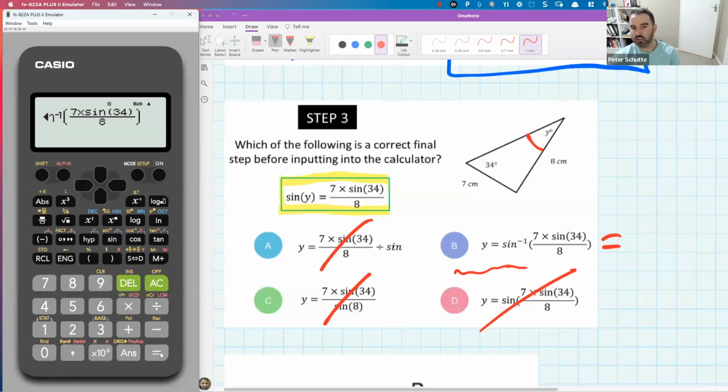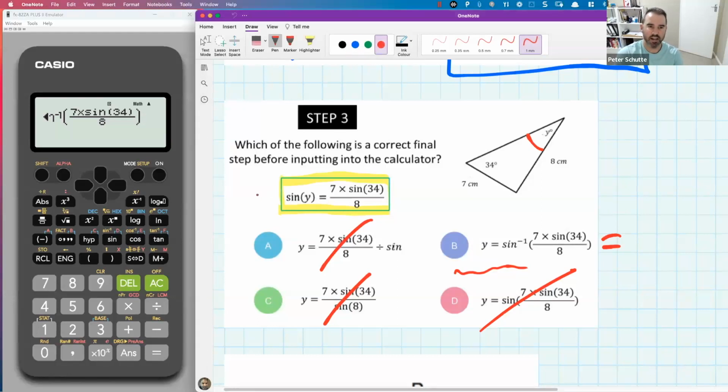The reason I know I should use inverse sine is that I'm solving for an angle. At the moment it's the sine of y, and I want to get rid of the sine of y, so I have to use inverse sine on both sides. Okay, that's why.